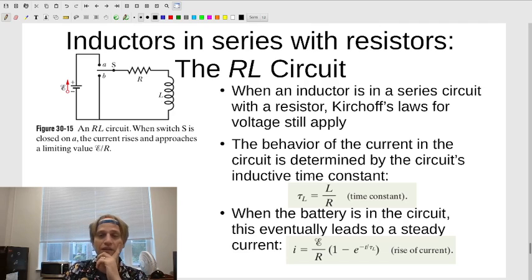So the behavior is going to be determined by a time constant, just like we had for the RC circuit. This is going to be an LR circuit, so it's going to be the inductance divided by the resistance. And so it takes some time for the current to turn on. And as we'll find out on Monday, it will also take some time for the current to turn off.